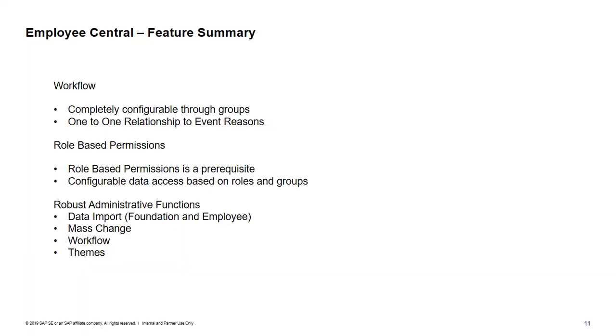RBP, which is role-based permissions. Every employee, when they log into the system, now I am an employee. I'm just an employee working for some company, where I have SuccessFactors as an HR product. Now, when I log into SuccessFactors, because I'm an employee, I can see all of the information that HR has maintained for me: my personal information, my contact information, my address information, my previous experiences, my education details.